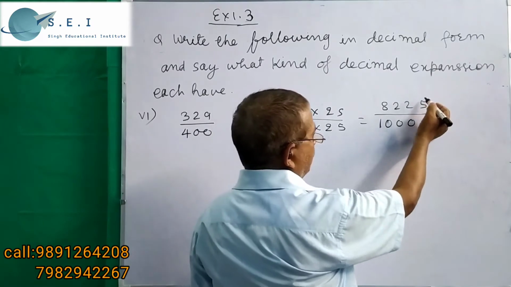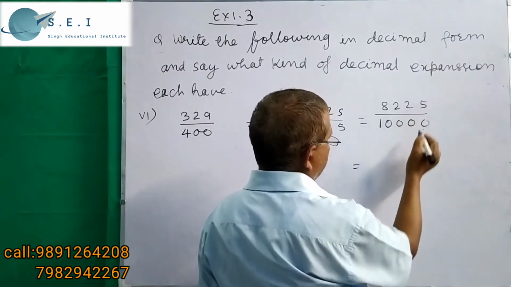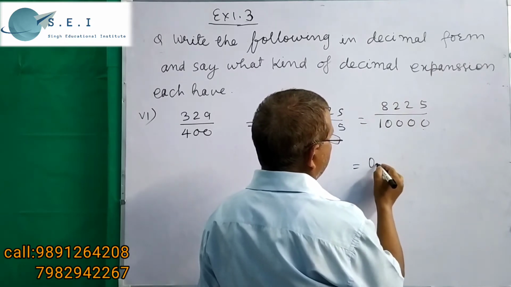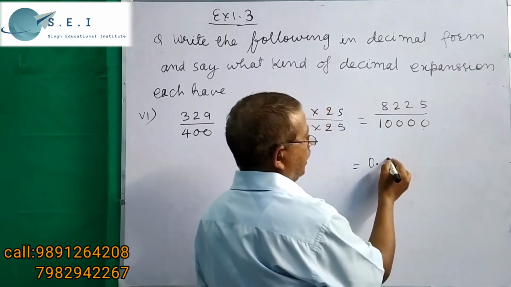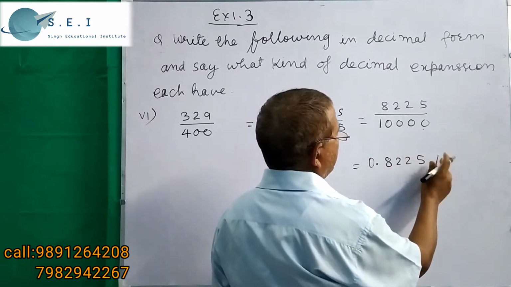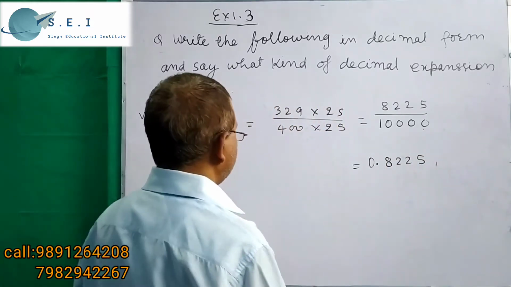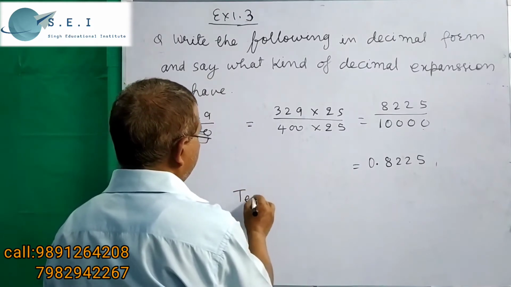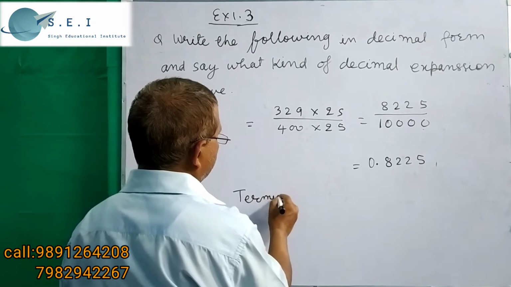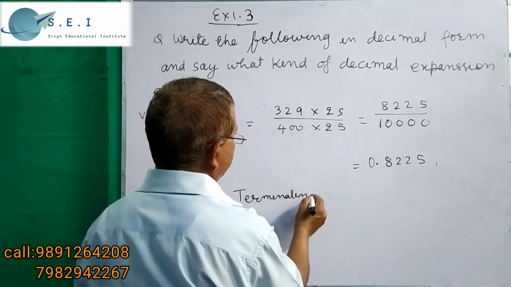Count the numerator from the right side, 1 2 3 4. After 4 we can put the decimal. So the answer is 0.8225. This is a terminating decimal expansion. The type of decimal expansion in this question is terminating decimal expansion.